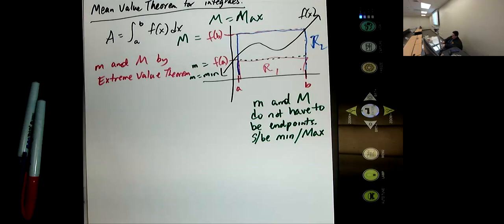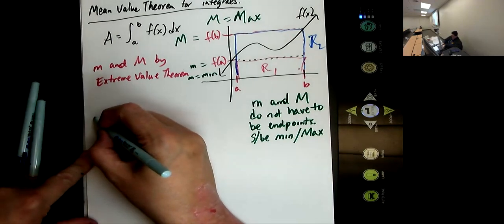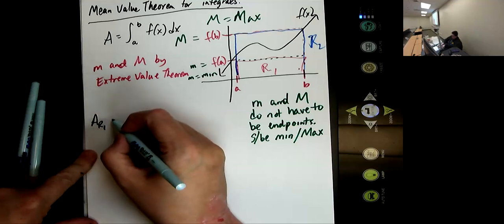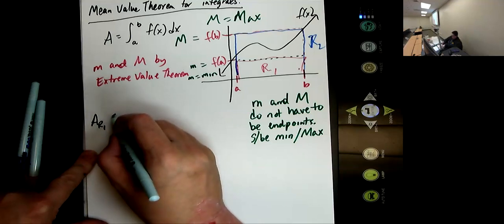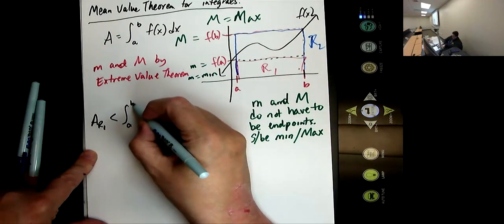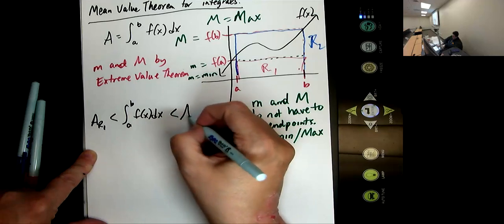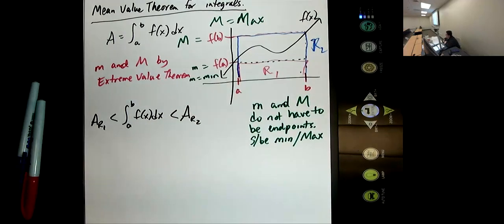Can we all see pictorially that the area of R1 is less than the integral from a to b of f of x dx, which is less than the area of R2? I think that's easy to see graphically.